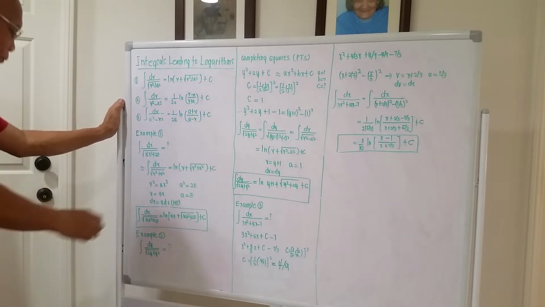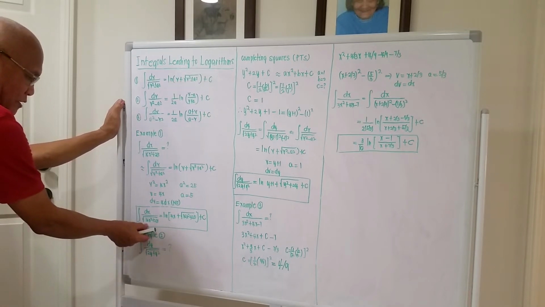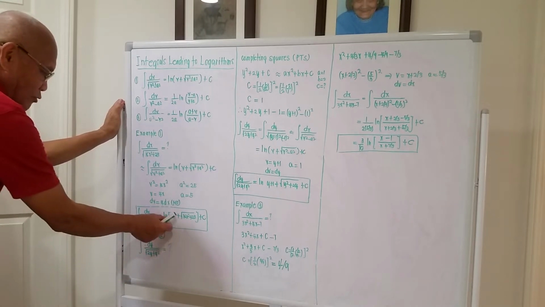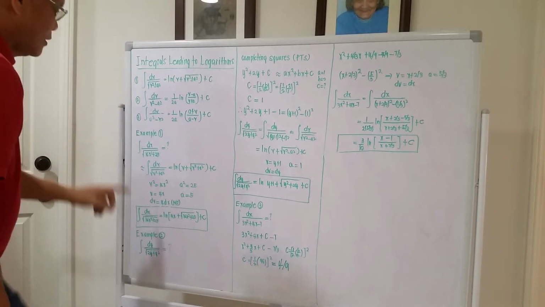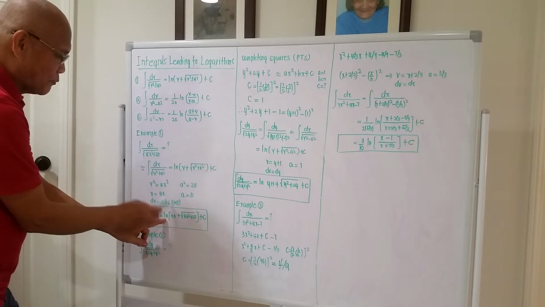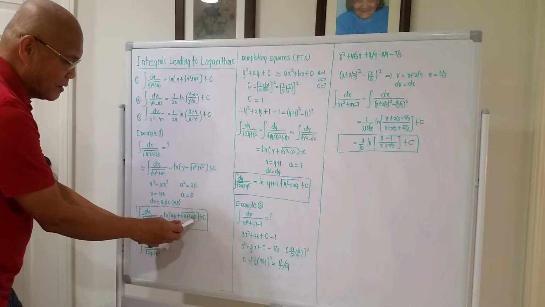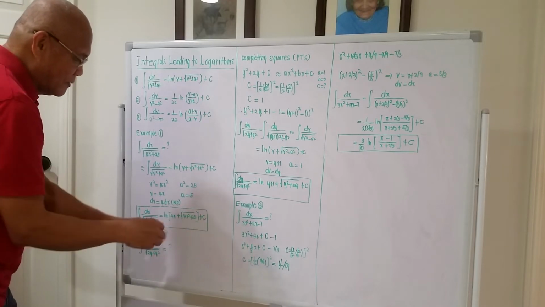Right? Therefore, the integral of dx over the square root of 16x squared plus 25 equals the natural logarithm of, okay, we are following this. What is b? b is 4x plus the square root of 16x squared plus 25 plus c.